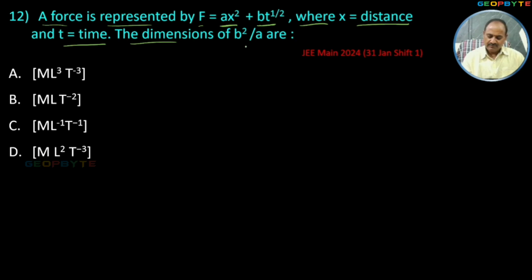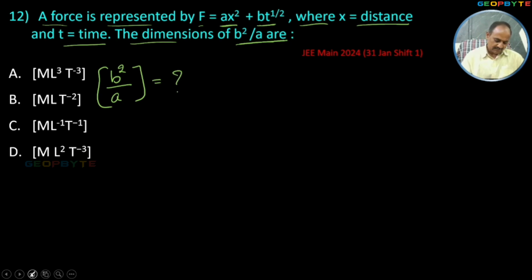The dimensions of B squared by A, you are asked to decide the dimensional formula for B squared by A. For that again, we need to decide the dimensional formula for A and B separately.